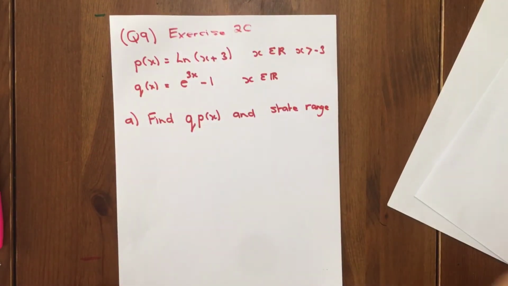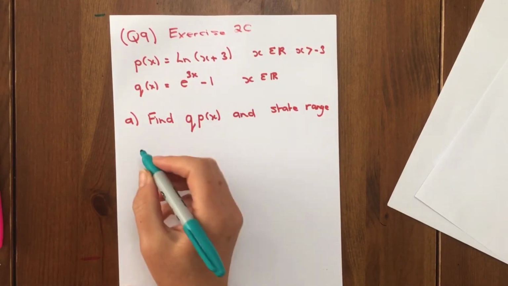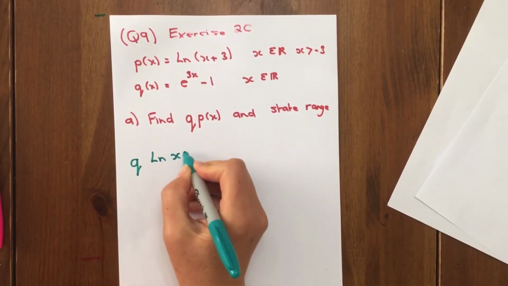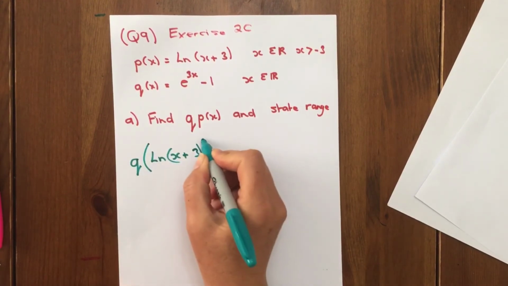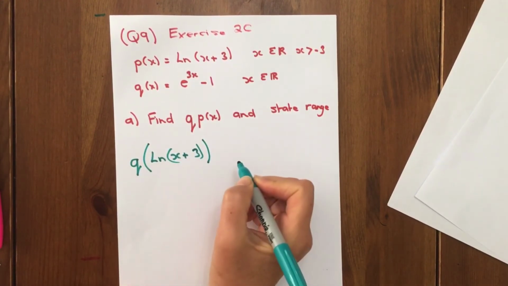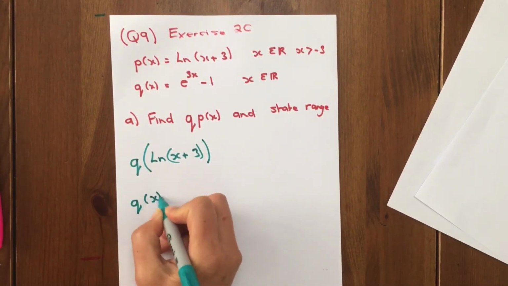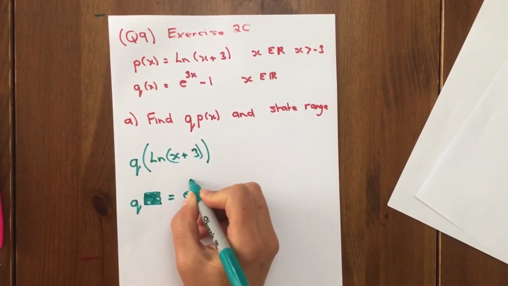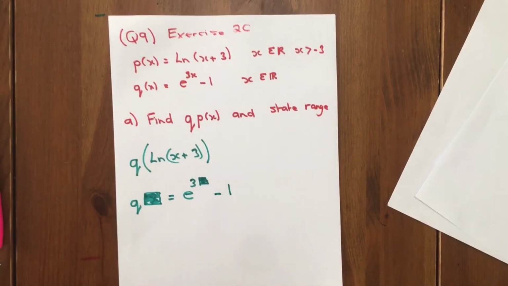Okay, so how do we go about this question? So we want to find q on p of x. So this is my p of x here. Now what does q of x do, or q of my box? Q of my box does e to the 3 times whatever my box is, take away 1.